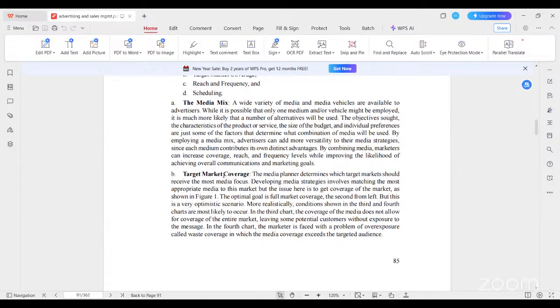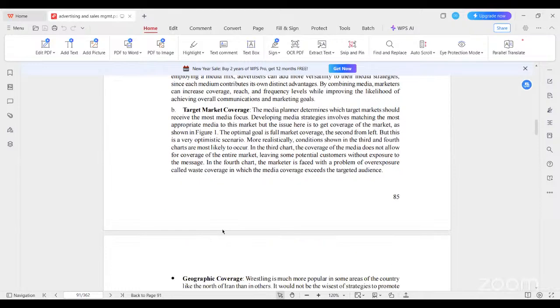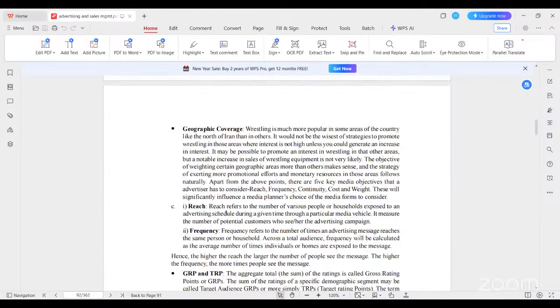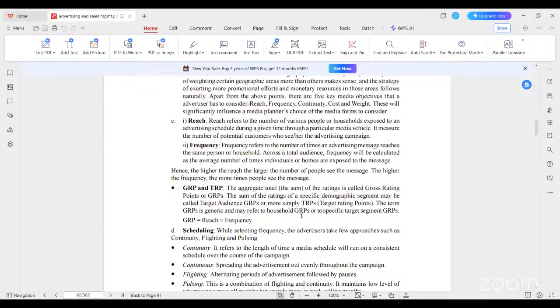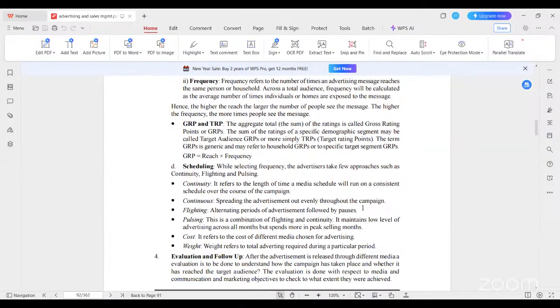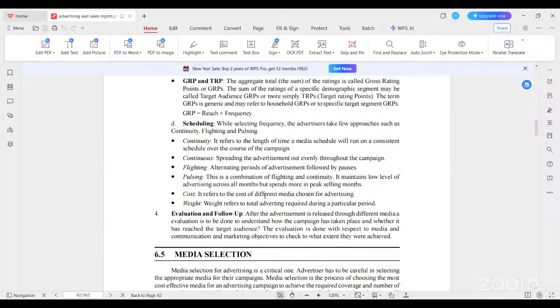The optimal goal is full market coverage, but this is a very optimistic scenario. Definitely, we have geographical coverage, we have to look after GRP and TRP, how many people are watching the same channels, or whether they are skipping our advertising, and scheduling.